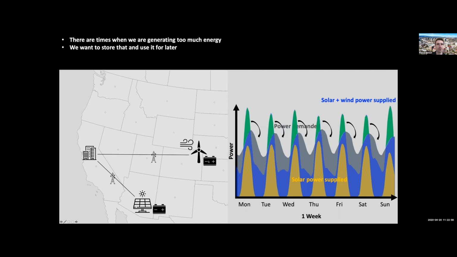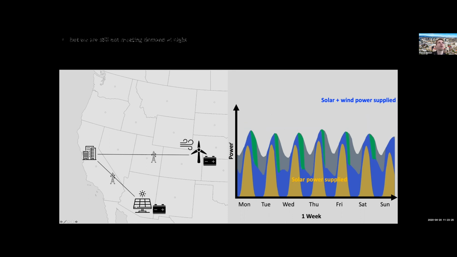So you want to have, let's say, major batteries on site. So then you can take that energy that's oversupplied in the middle of the day and use it later at night when people want to use it. So that's one component.